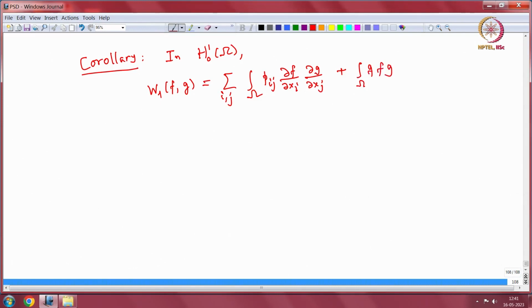The third term is not there because we are assuming traces are 0. This induces an equivalent norm.